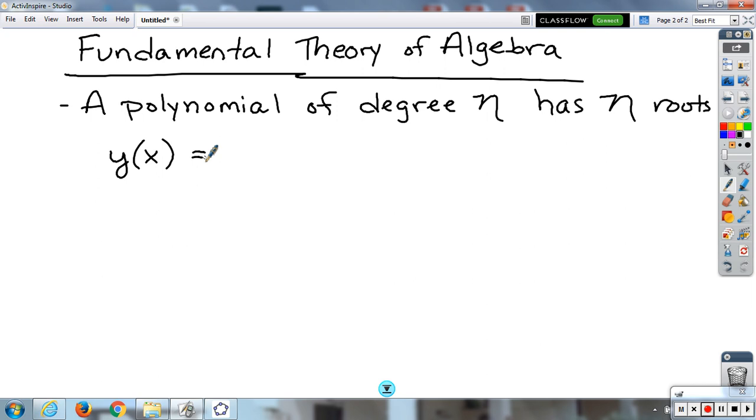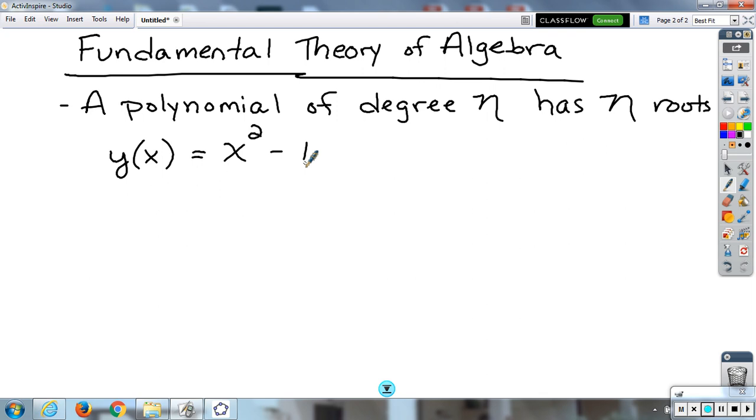A very simple example is x squared minus 1. This would be an example of a polynomial. When you are asked to describe the degree of that polynomial, you look at the highest value of the exponent in the expression.